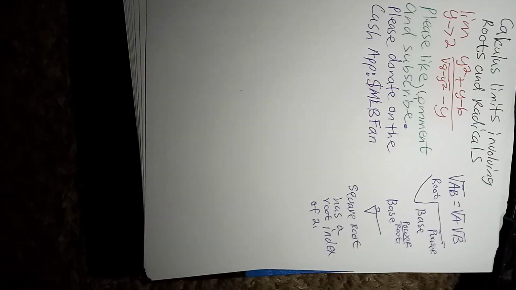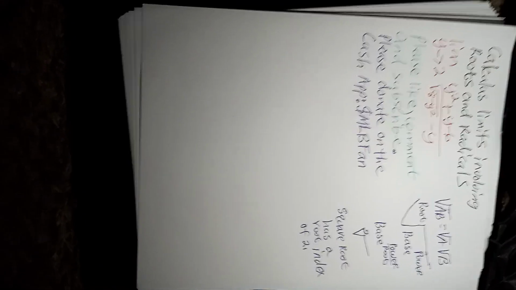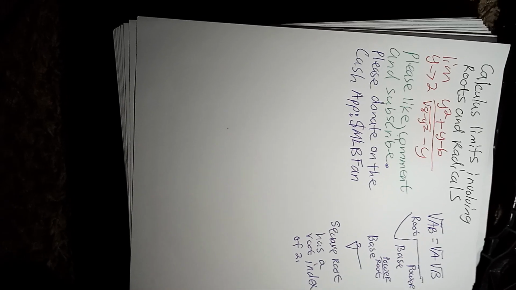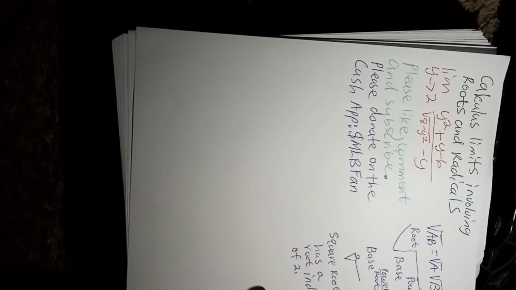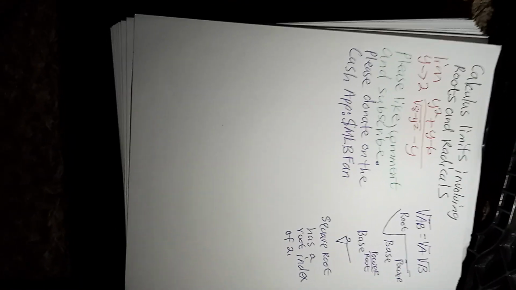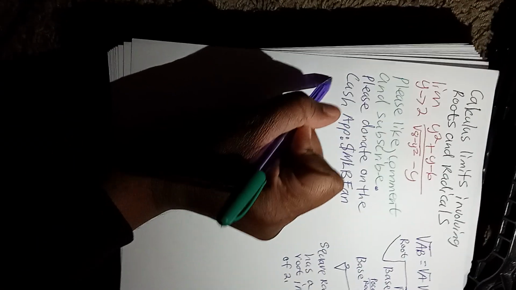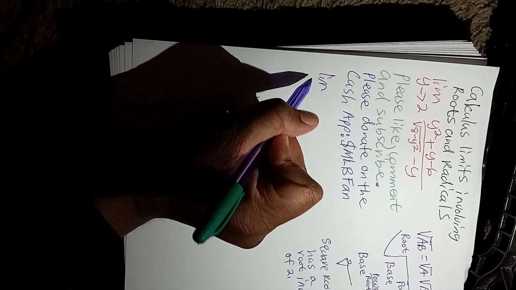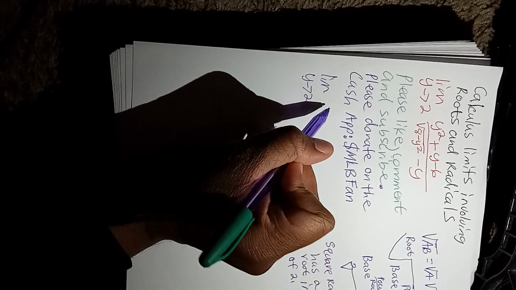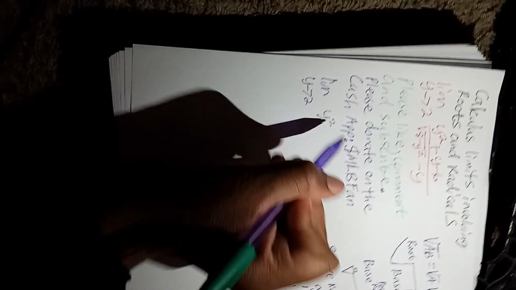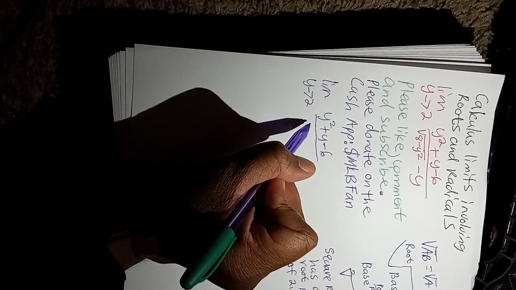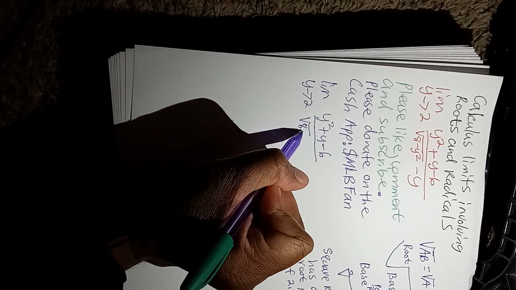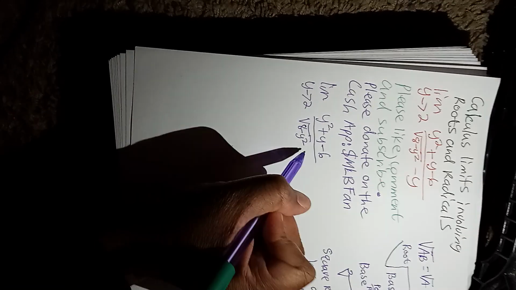So now we can begin the calculus problem here. We also need to conjugate or rationalize the denominator. So, the limit as y goes to 2 of y squared plus y minus 6 divided by the square root of 8 minus y squared, minus y.